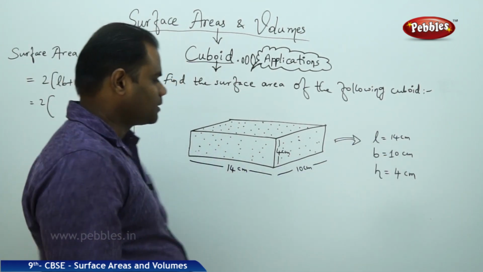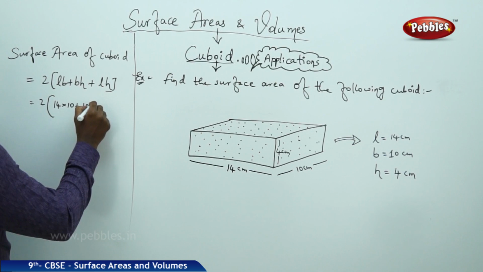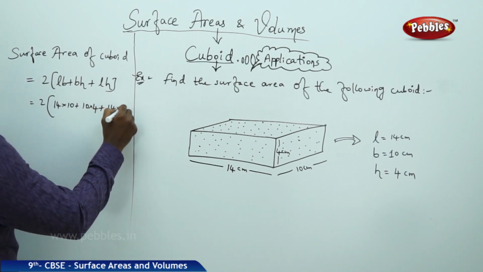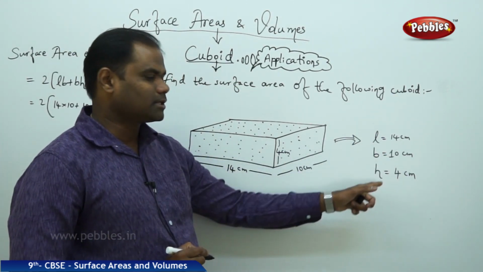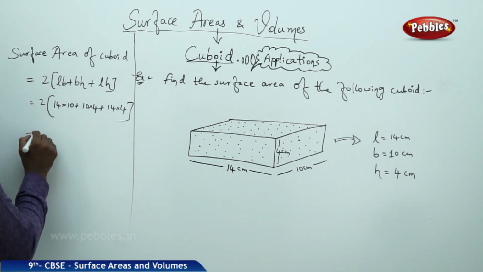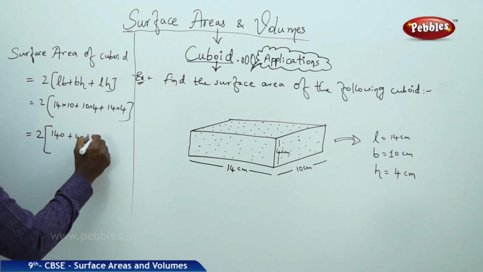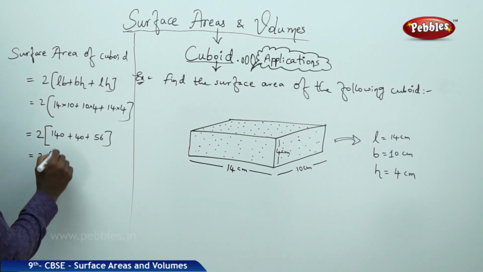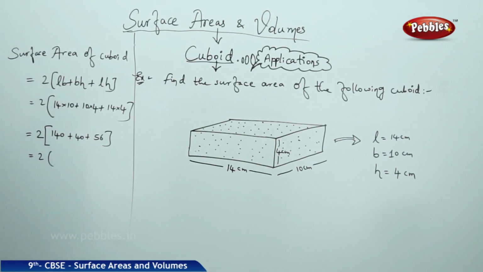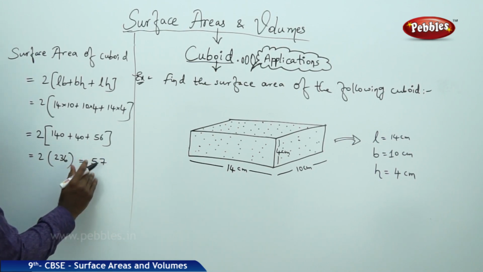So LB is 14 times 10, plus BH plus LH is what we get when we substitute L equals 14, B equals 10, and H equals 4, which on simplification gives 140 plus 56 plus 40, and this comes out to be 236. Twice that, 472, is what we get.